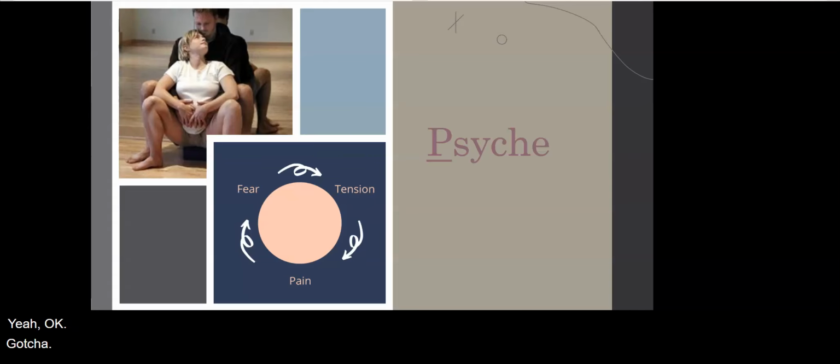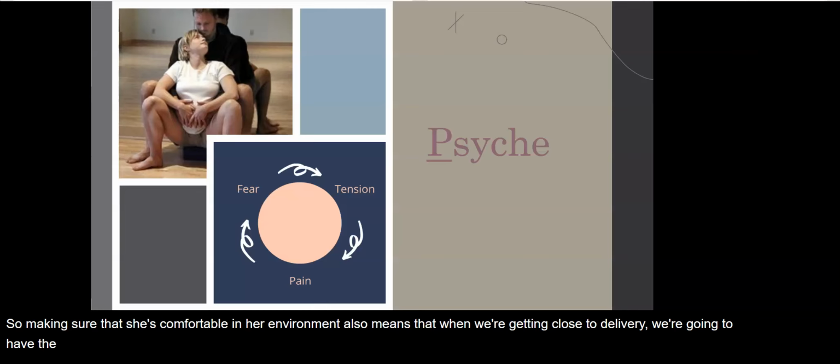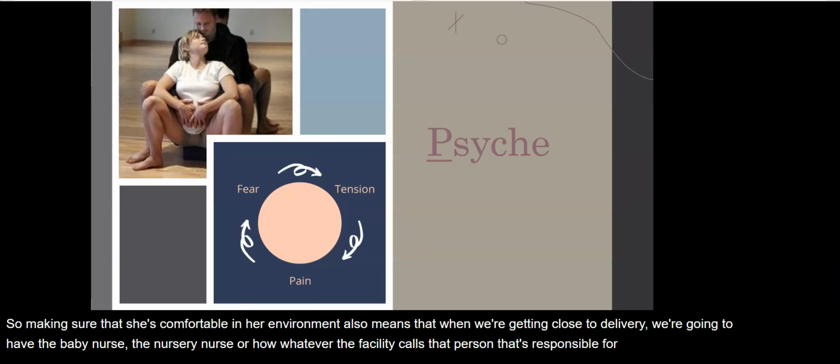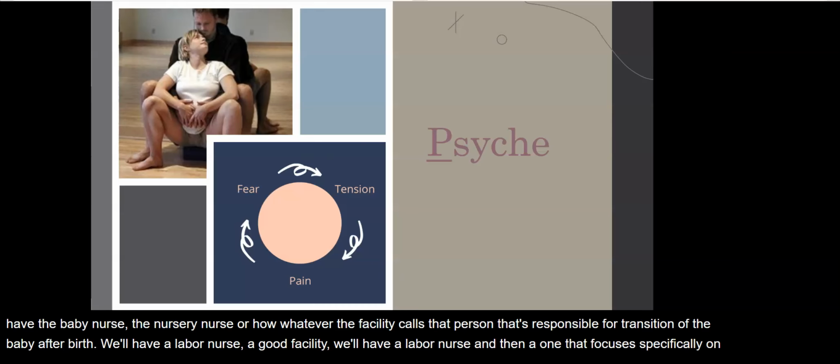Okay. So, making sure that she's comfortable in her environment also means that when we're getting close to delivery, we're going to have the baby nurse, the nursery nurse, or whatever the facility calls that person, that's responsible for transition of the baby after birth. In a good facility, we'll have a labor nurse, and then one that focuses specifically on transitioning that newborn.